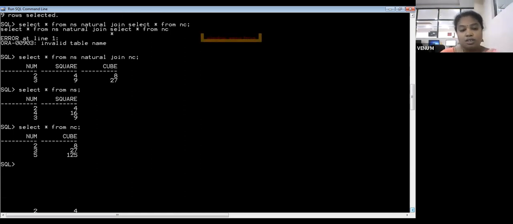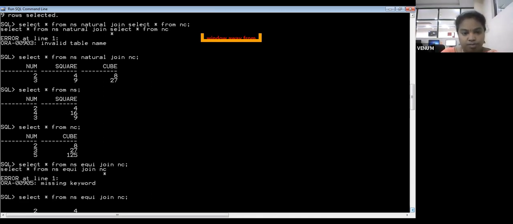NS.num equals NC.num means if there are two equal numbers, then only the output will be there.